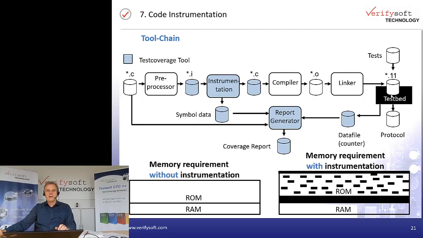And at the end we put all this together into a report, and you can see exactly what happens. We will have a look at the report later, and as I already have told you, we have a very low instrumentation overhead with Testwell CTC++.